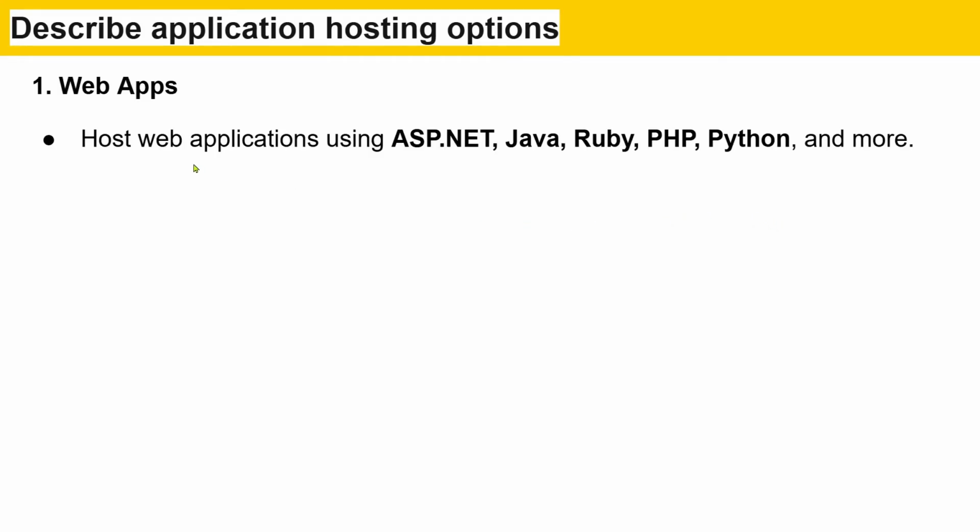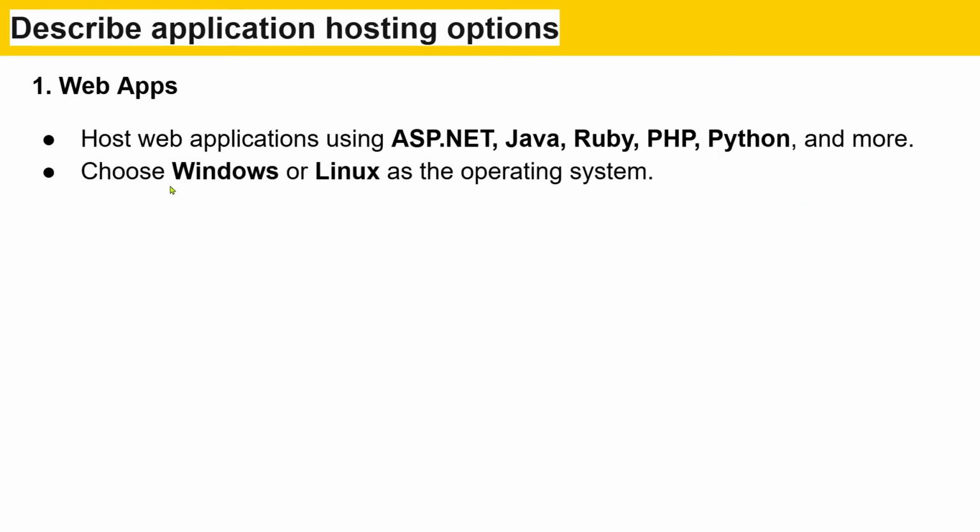Let's see things in more detail. For example, web apps: host web applications using ASP.NET, Java, Ruby, PHP, Python, and many more languages. You can choose Windows or Linux as the operating system. You are getting options to choose the operating system on which you would like to do the web app hosting.